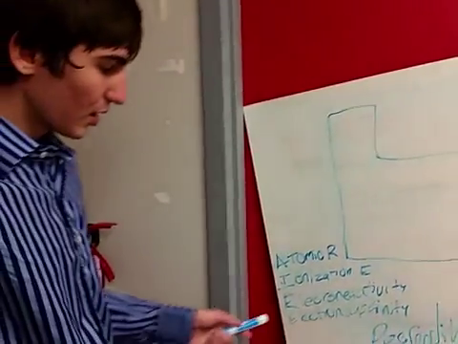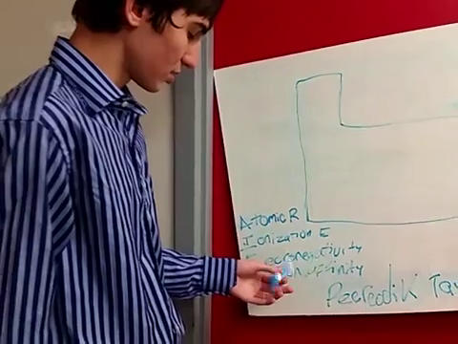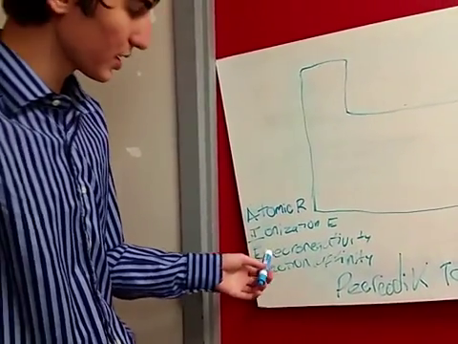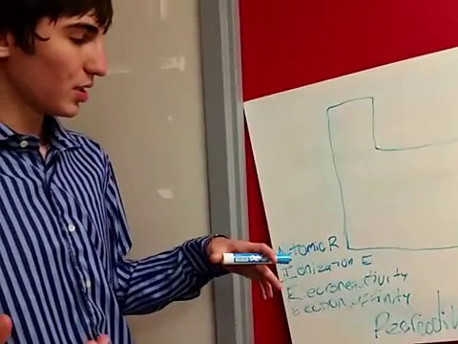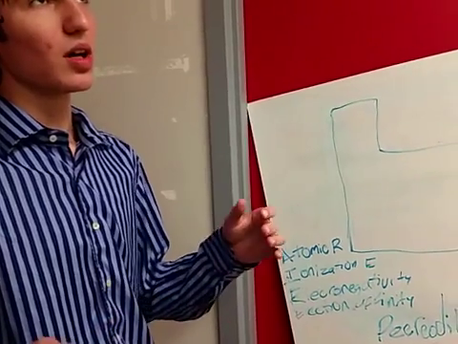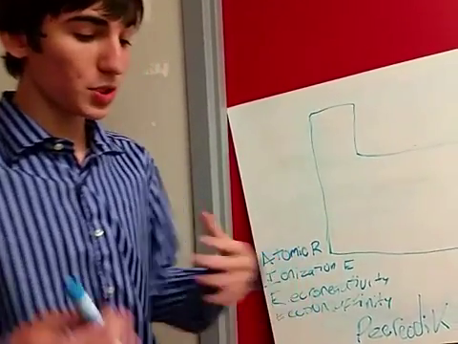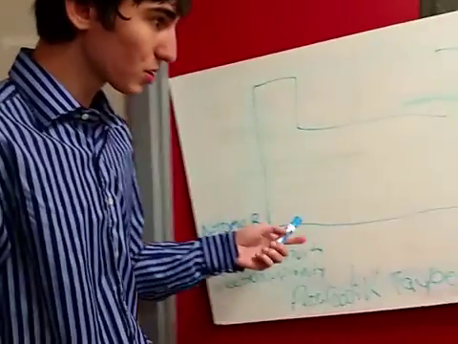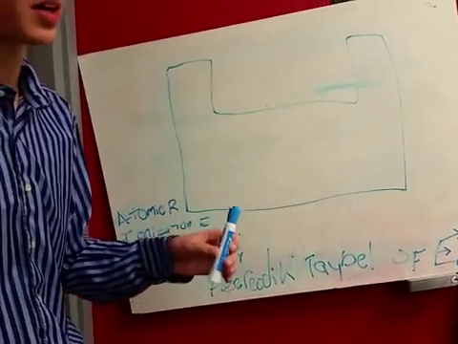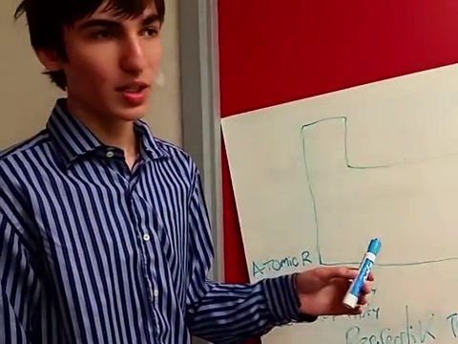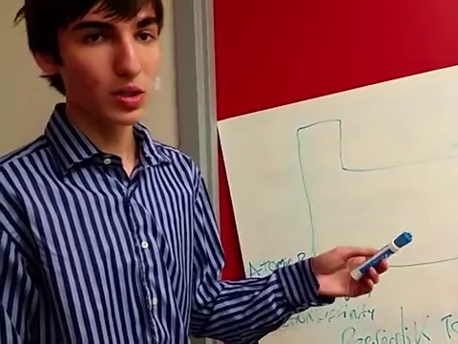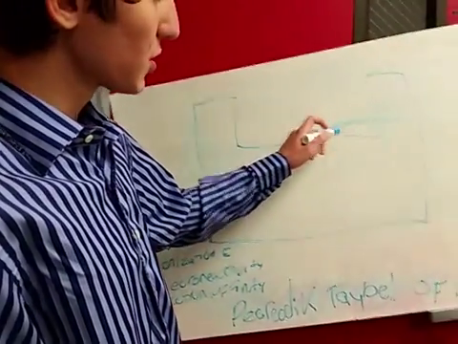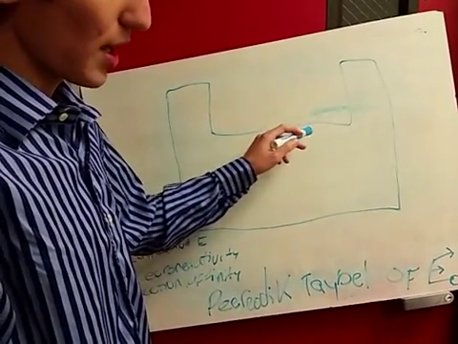Alright, now for the two others. There's electronegativity, which is the ability of an element to attract electrons. This is based on a scale that's very arbitrary. It's based on, I think, 0 to 4 or 1 to 4. And the most electronegative is fluorine.